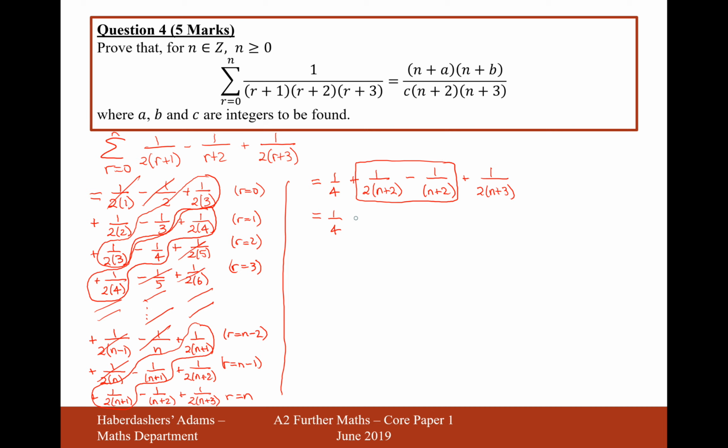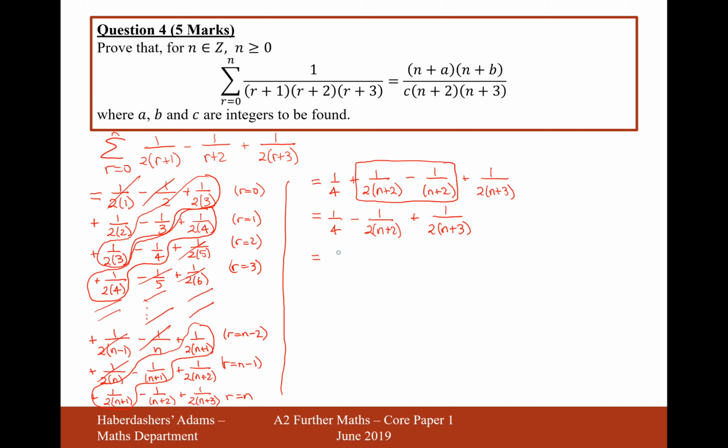It's going to be 1 over 4, minus 1 over 2(n+2), because we've got a whole of this minus 1 over (n+2) here, and then we've only got half of this 1 over (n+2) here, so it's minus a half of (n+2), and it's plus 1 over 2(n+3).